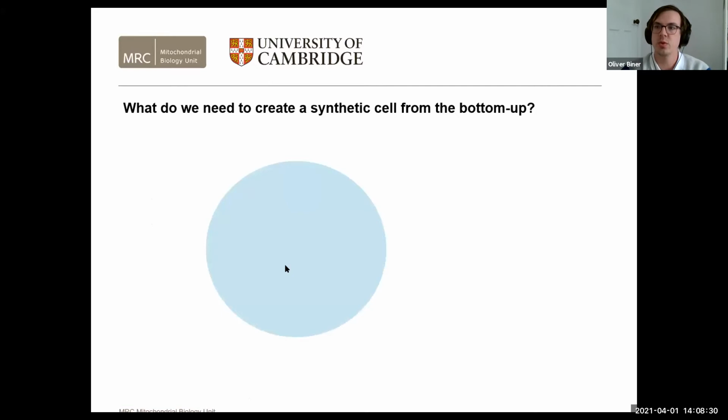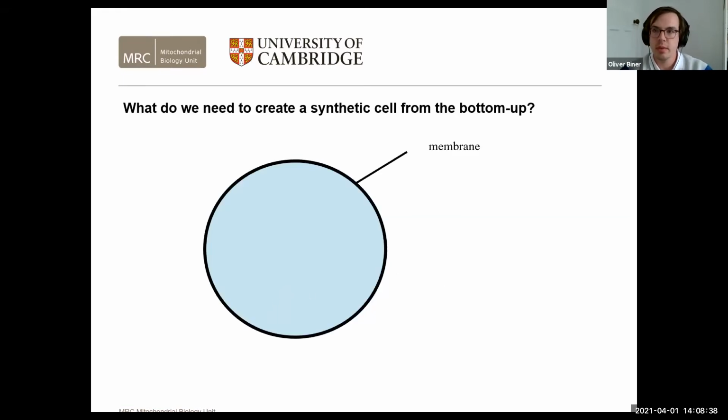But if we want to truly produce a synthetic cell from the bottom up, we have to start with individual modules. So first of all, we need a membrane. Otherwise, we cannot contain and concentrate all the biomolecules to high enough levels to produce chemical reactions. Then we need an information system, which is DNA in normal cells, but there are artificial ways to do that in synthetic cells.